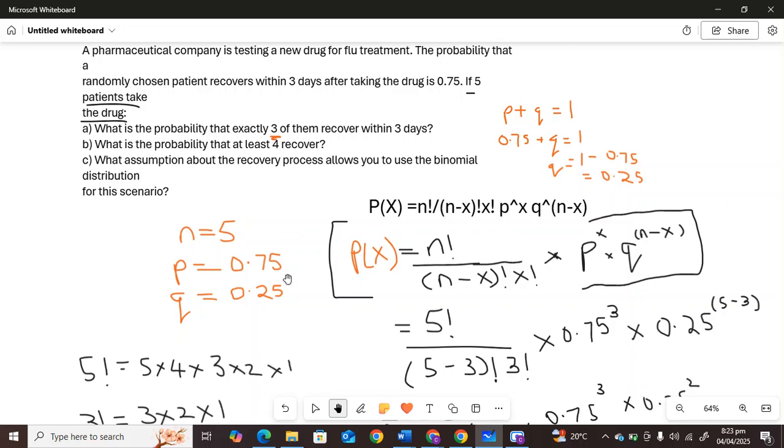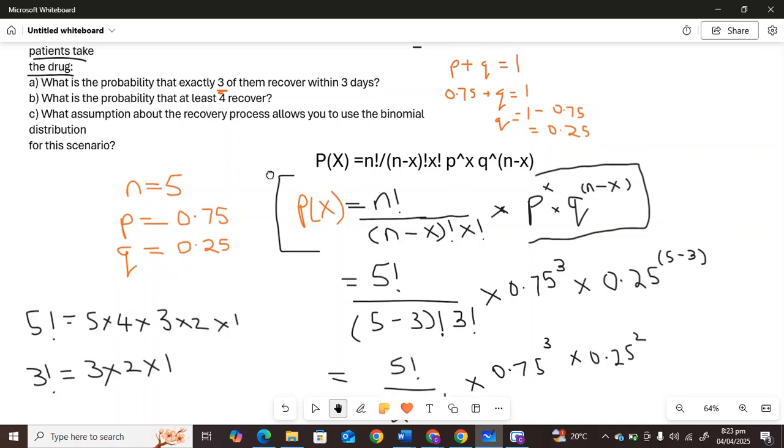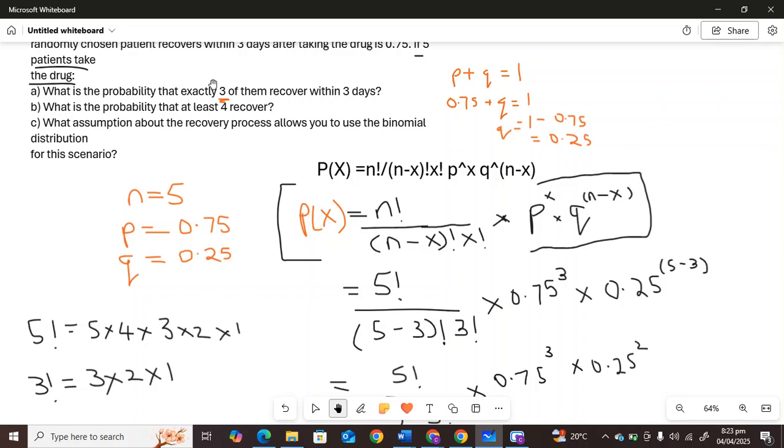Okay. So this is the formula here, as I said. It's just a matter of substitution. N is 5. In the question, it says, what is the probability that exactly 3 of them recover within 3 days? Okay, so X is going to be 3. Your value of X is going to be dependent on what the question is saying.